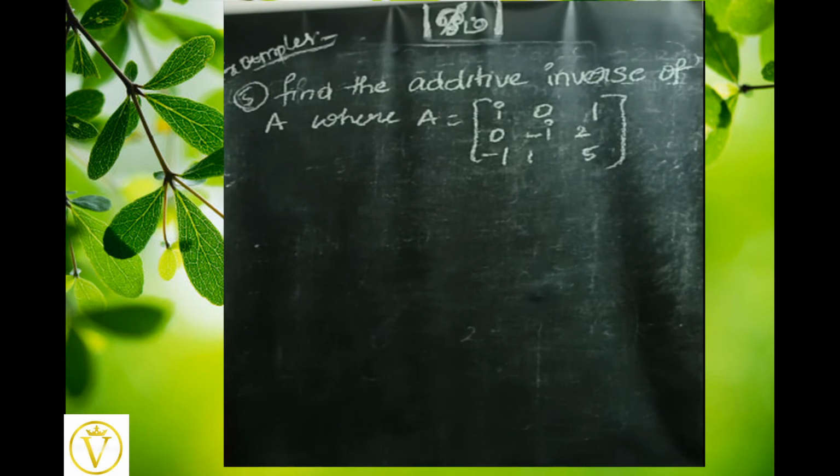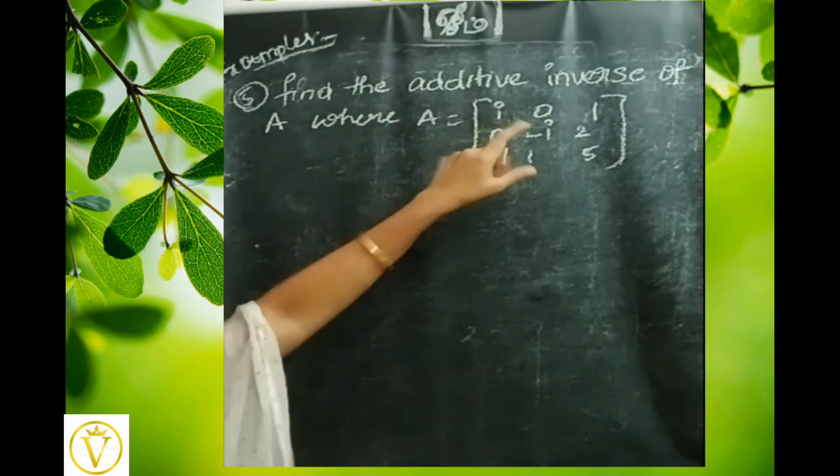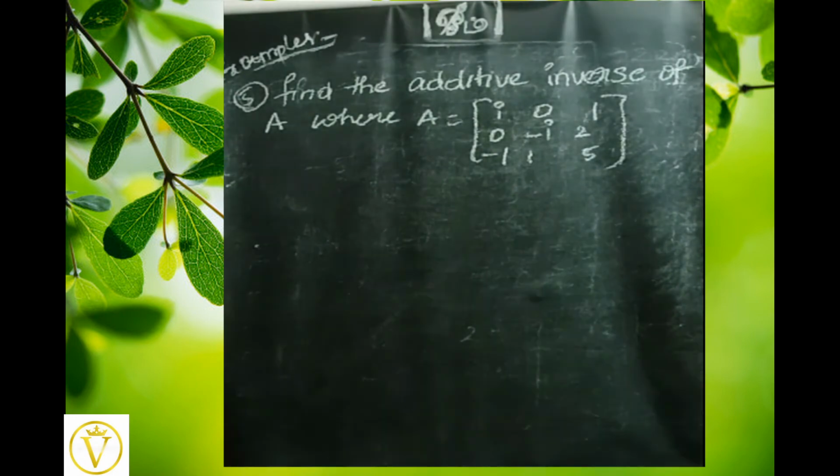Another is find the additive inverse of A where A equals, they have given one matrix. Don't confuse here, this is i. Here the matrix has whatever elements you can take. What we have to find out here is the additive inverse. Additive inverse is very simple.